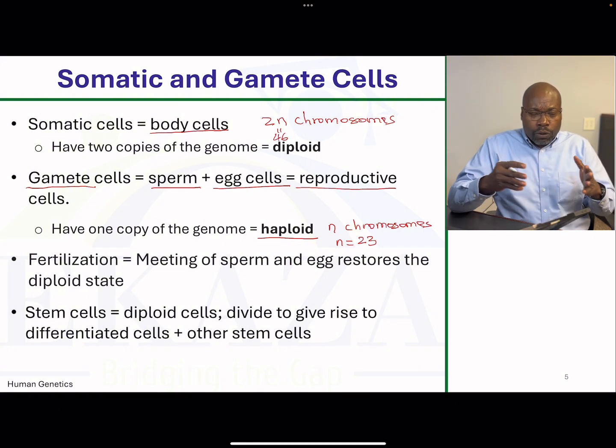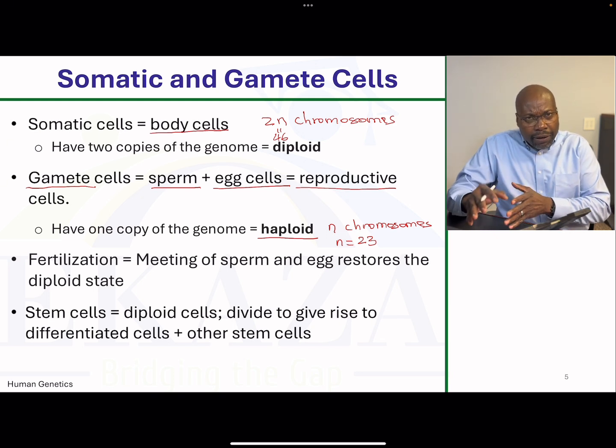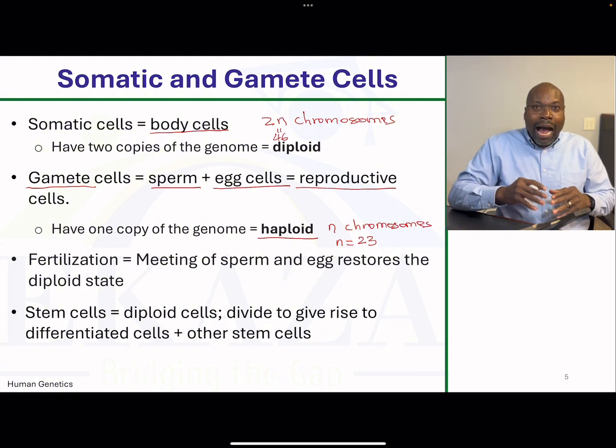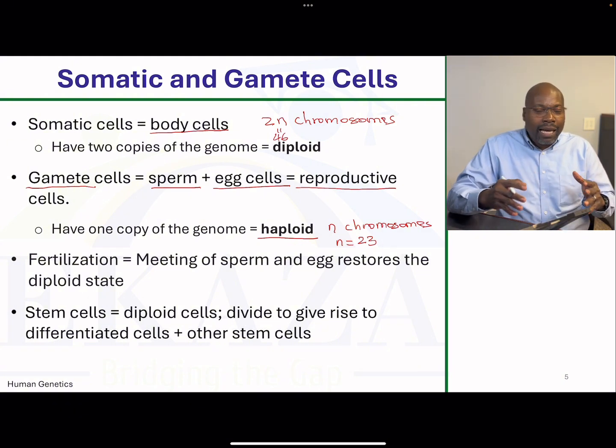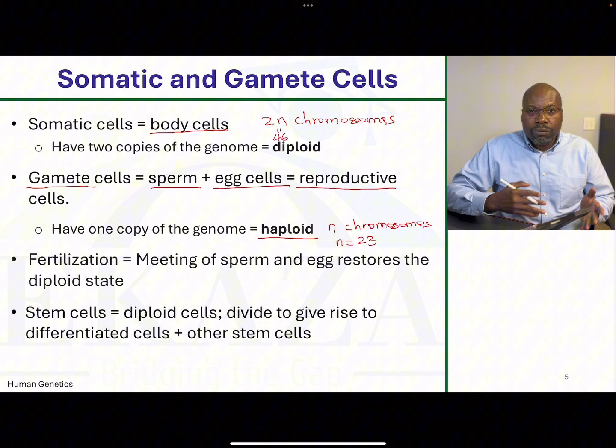Two cells are going to split into 4 cells and 4 into 8 cells. We are not going to dive into the development here, but these initial cells are blank cells. They can become literally any cell the body needs. These are stem cells. Now, these stem cells are going to differentiate.